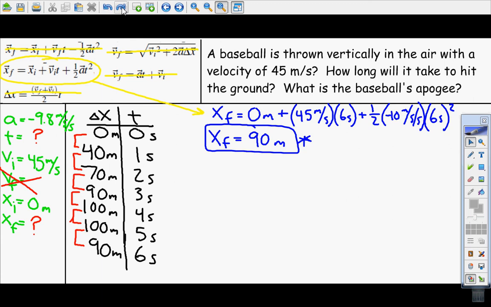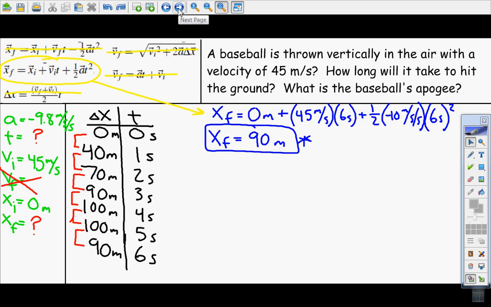So my projectile was 40 meters from me, then 70, then 90, then 100, and then it stayed at 100, and now it's only 90 meters away from me, and it seems to be coming back closer to where it originally got shot out from. Now, if you want, you can go ahead and solve for 7 seconds, 8 seconds, 9 seconds, and you can pause this and do that, or we can just take a look at the data and move on.